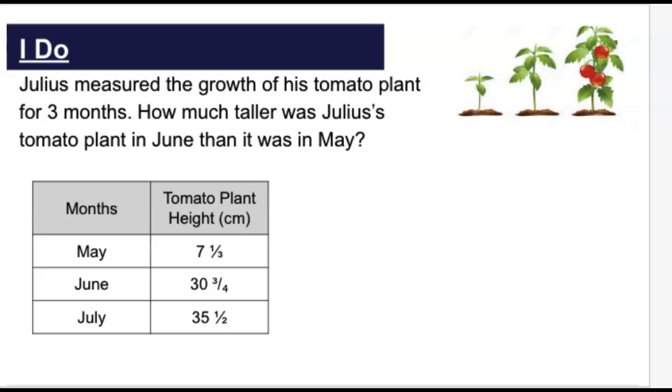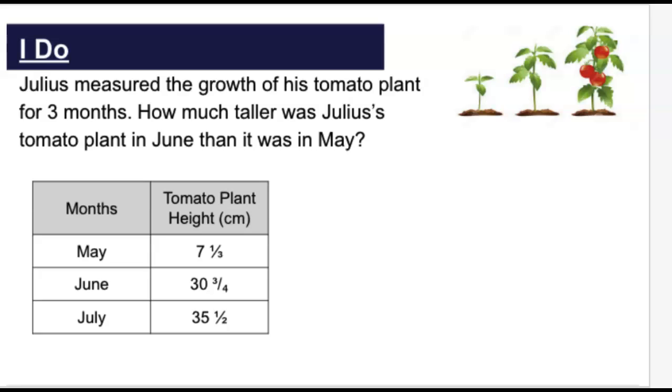So I'm looking to understand what it is the problem is asking me. The problem says Julius measured the growth of his tomato plants for 3 months. How much taller was Julius's tomato plant in June than it was in May?